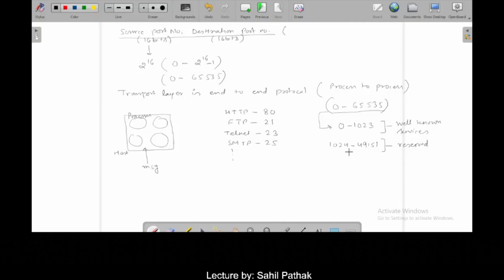So that is why these port numbers are kept reserved. Then next we have 49152 to 65535. These are the port numbers which are used for general purpose.